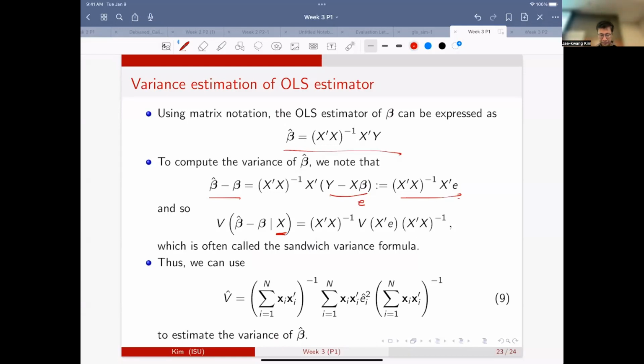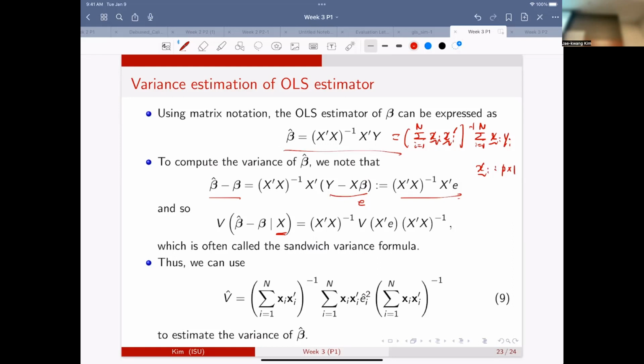Well, if you are not really familiar with this, you can understand it as follows. X is a P-dimensional vector, so X prime X is a P by P matrix.